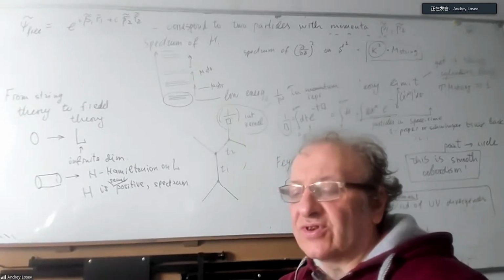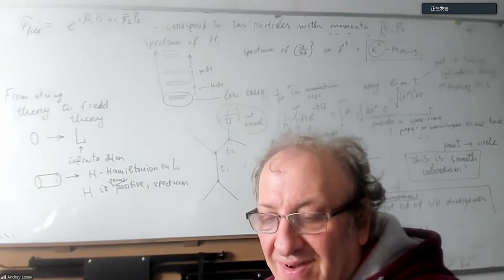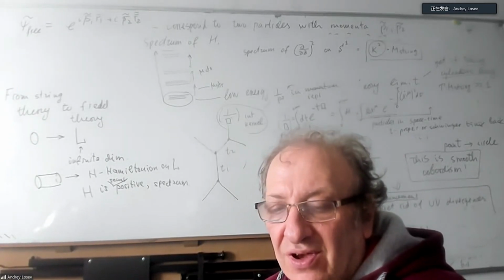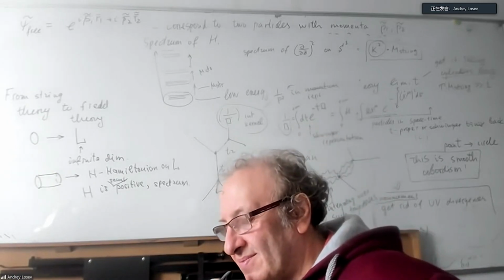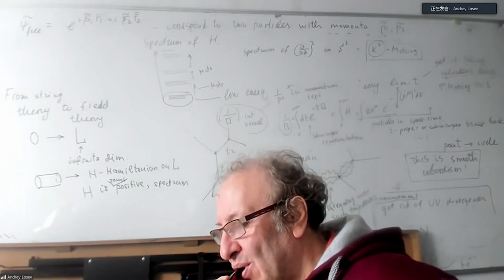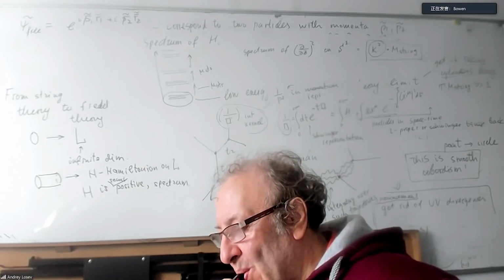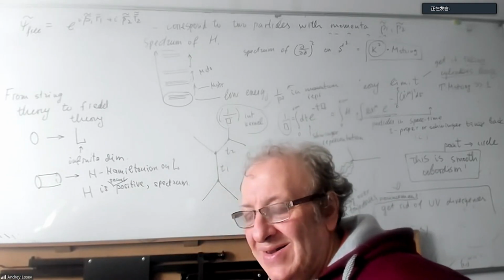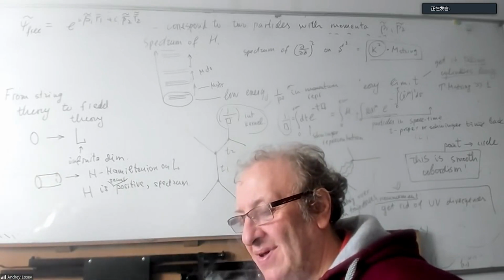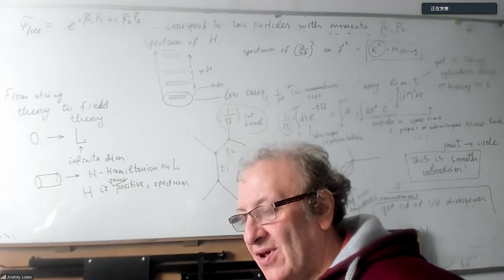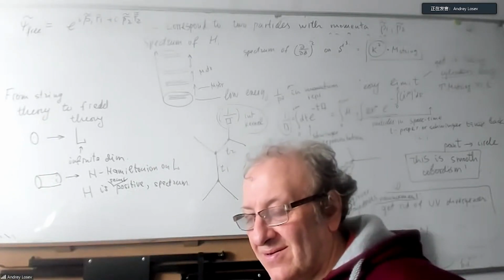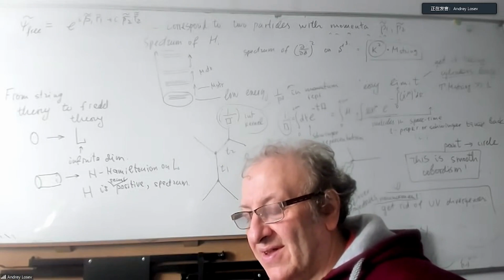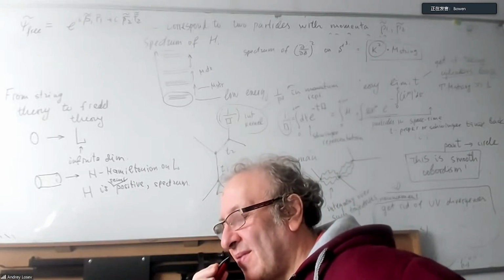If you would like to describe points on the complex plane, you need the infinite dimensional algebra of polynomials. So this space of states is like, not exactly, but like this polynomial ring.